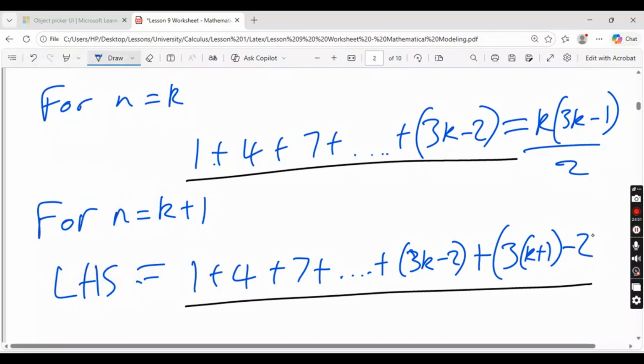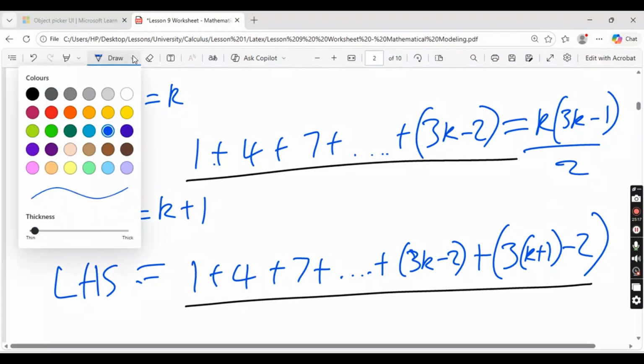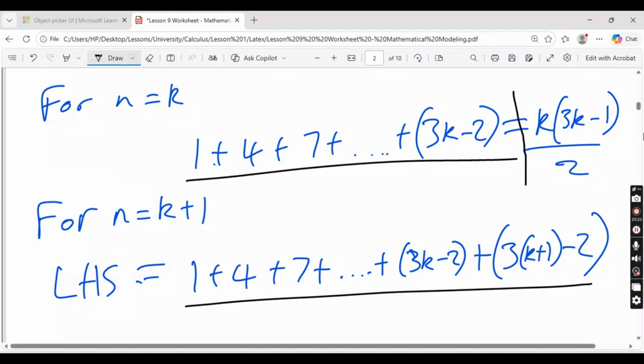The difference is this one is not equal to k over 3k minus 1 over 2. Okay, which is correct, but we are not including this in the explanation.